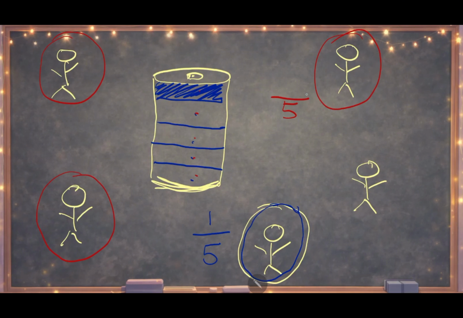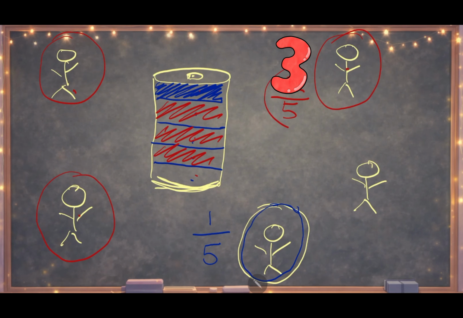However, the numerator is going to be different because each child will take 1 part, equaling 3 parts of those 5. So the fraction of these 3 children is going to be 3/5.